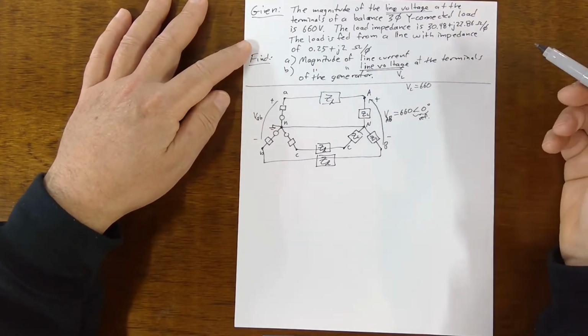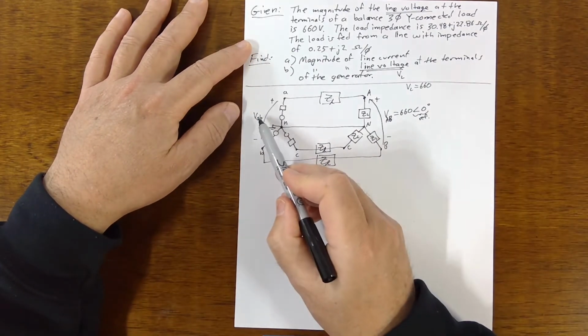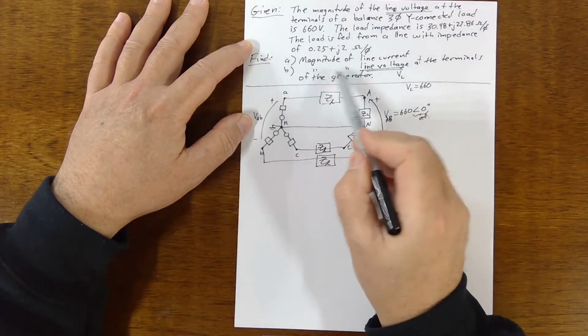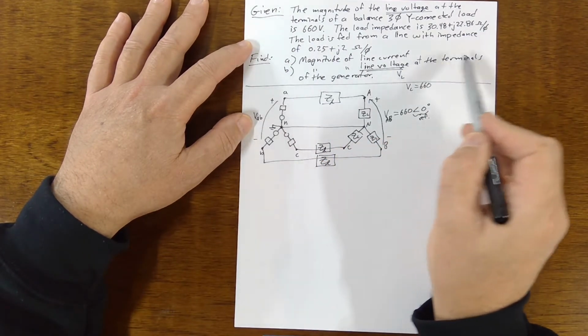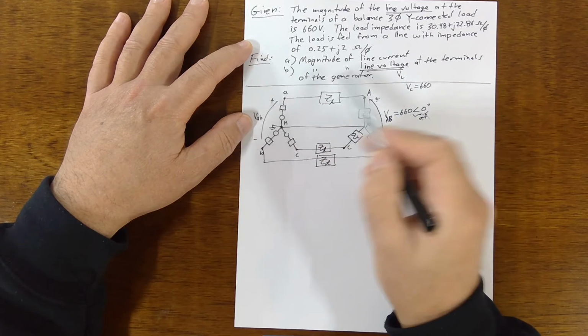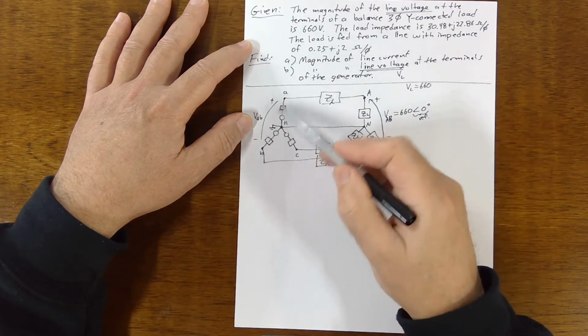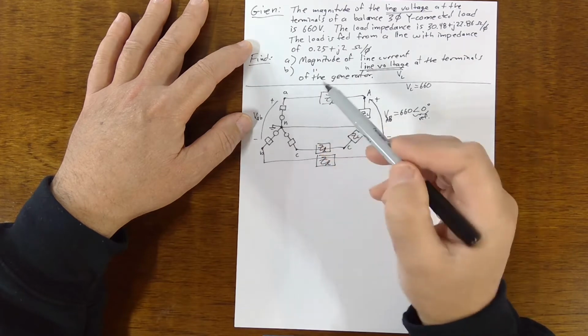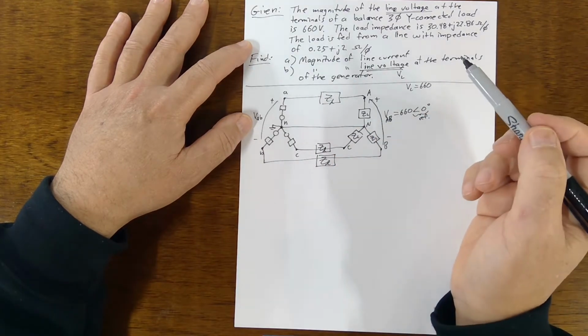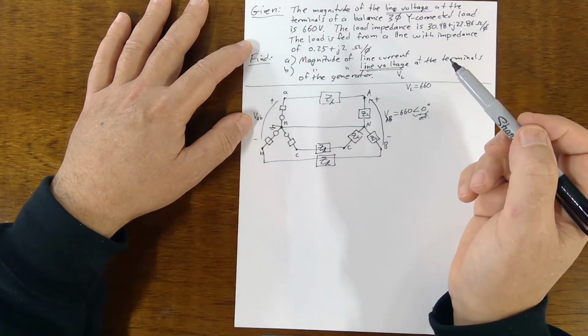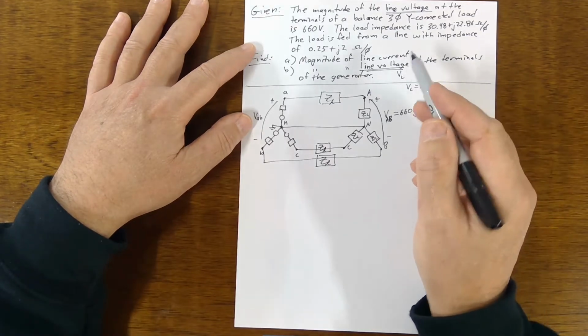So it's a phasor now. And then they're going to want us to solve for this thing. They're asking us to find the magnitude of the line voltage at the terminals of the generator. That's line to line. Line voltage means line to line, and they're talking about the terminals of the generator. So we'll choose these terminals here. And they want the magnitude of the line current.